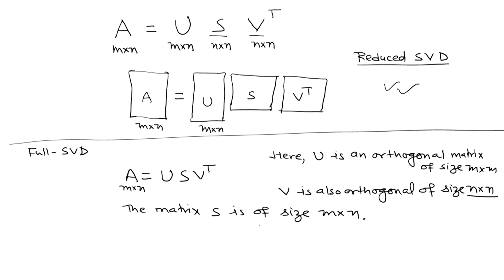So let us see this further. Here I am saying A is an m by n matrix, so it will become a matrix U which has columns U1, U2 up to Un, and each Ui belongs to m dimensional space, meaning it has m components.